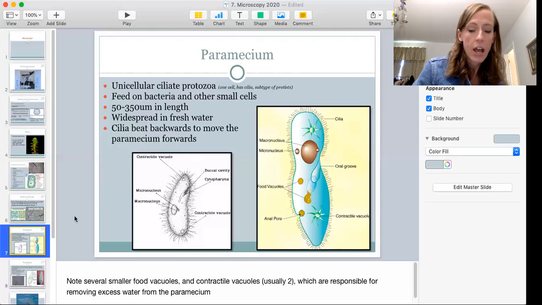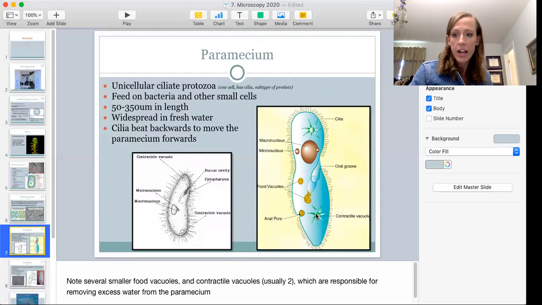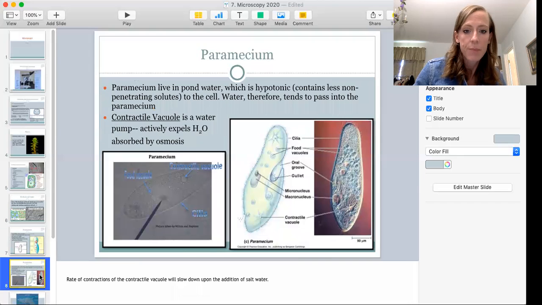Okay. Then the contractile vacuole, I'm going to talk about again on the next slide, is a very neat structure that allows the Paramecium to exist in pond water. So let's move to our next slide.